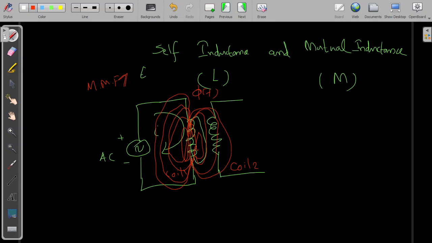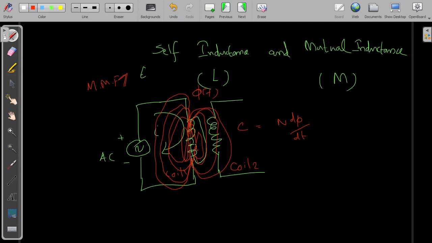So the flux linkage associated with coil 2, with this being coil 1, changes. According to Faraday's law, an induced EMF E will be induced here, equal to N d phi by dt, where N is the number of turns of the second coil. This is what we have named statically induced EMF.